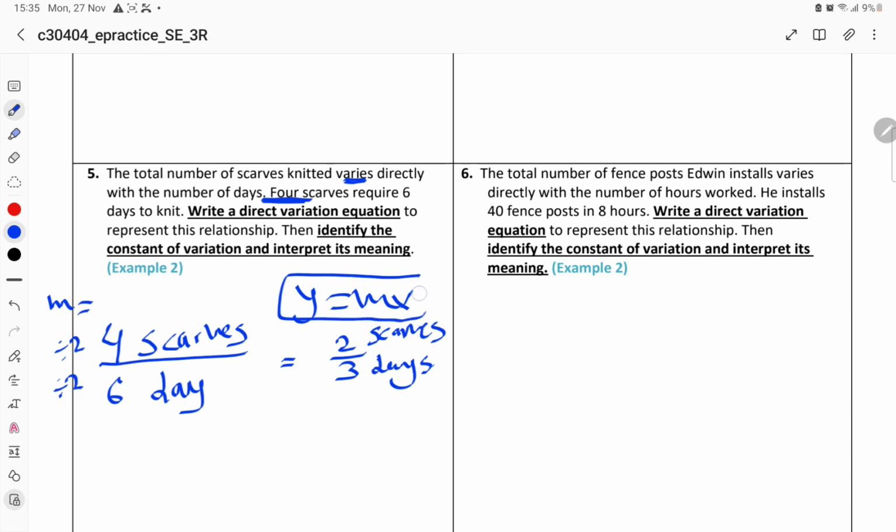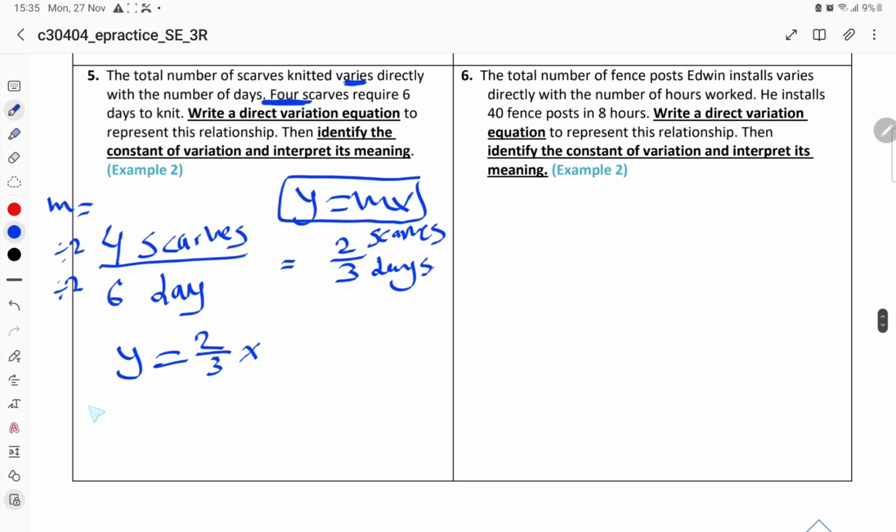Again, the equation is y equals mx, so y equals, what is m? 2 over 3 x. And this means 2 scarves are knitted in 3 days.